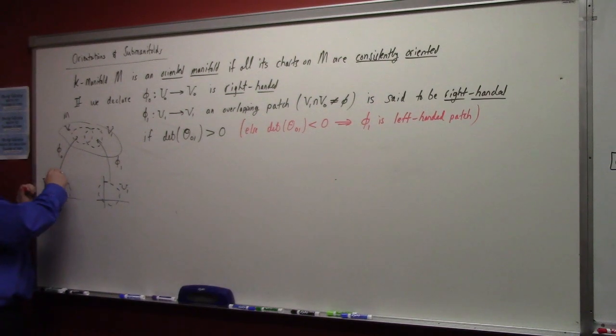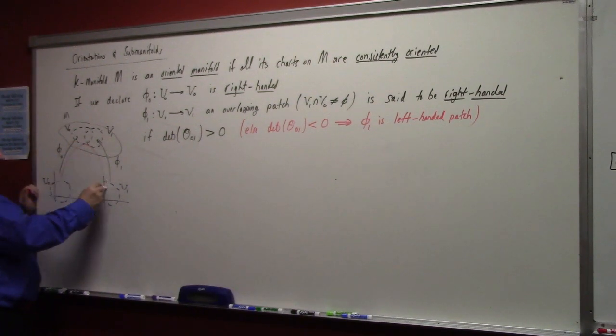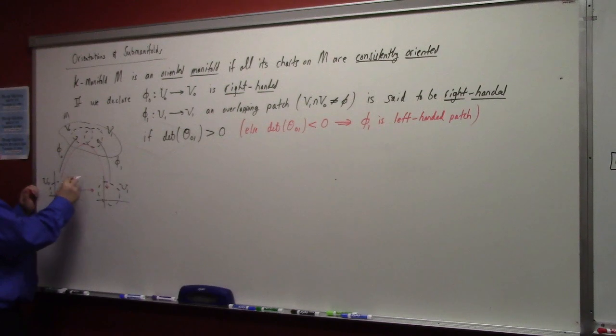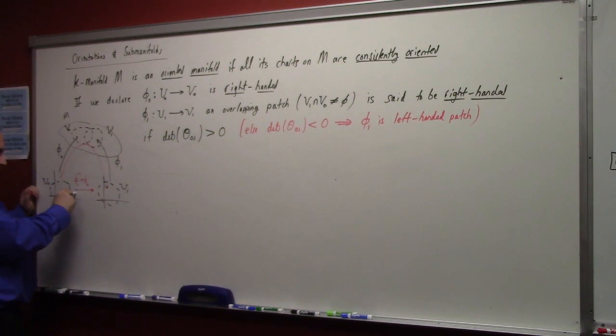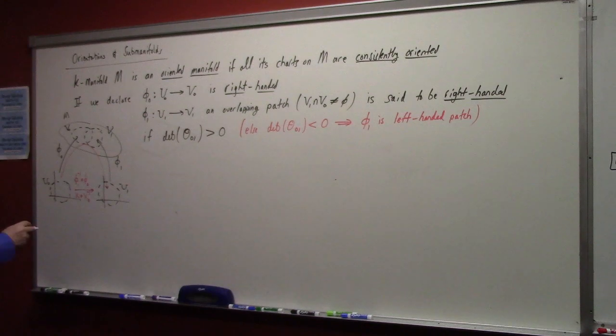So like, let's see here. If I go like that, down here I could do phi1 inverse composed with phi0, for example. Phi0 and then phi1 inverse back down, or if you prefer, x1 composed with x0 inverse, if we want to talk about the charts. So the theta, and I've forgotten my notation, but I think this is it.